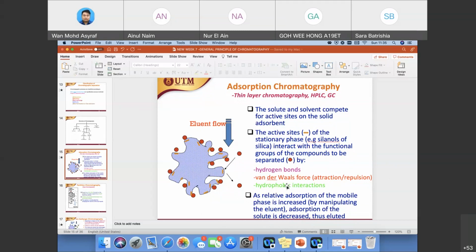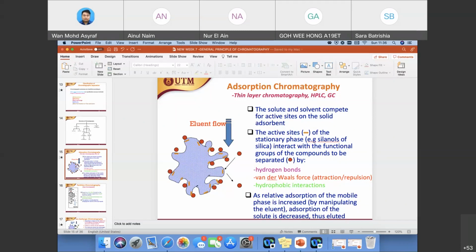The adsorption chromatography depends on hydrogen bonds, van der Waals forces, which is attraction or repulsion, and then the hydrophobic interaction. So there are 3 types of interaction in adsorption chromatography. They are competing for the active sites on the stationary phase.